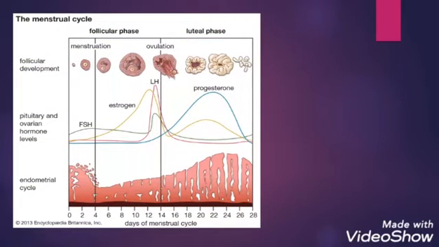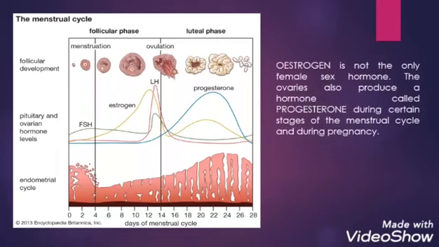Do you know that the menstrual cycle is being controlled by important hormones? There are four important hormones that control the menstrual cycle. Estrogen is not the only female sex hormone. The ovaries also produce a hormone called progesterone during certain stages of the menstrual cycle and during pregnancy.